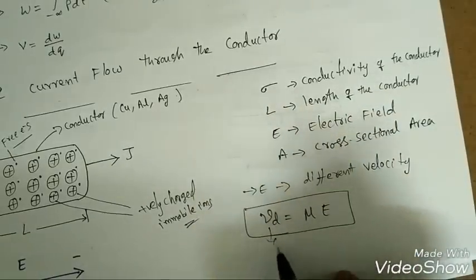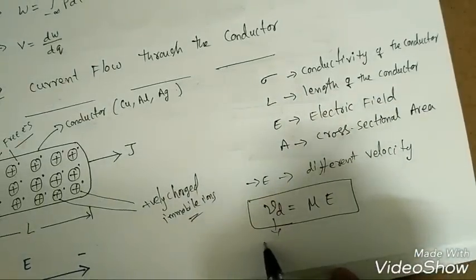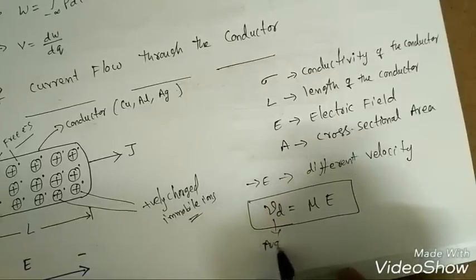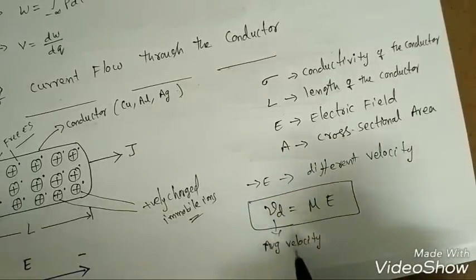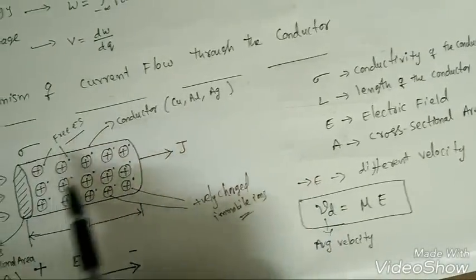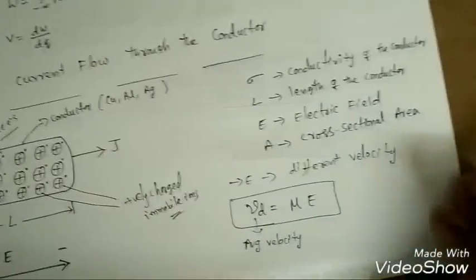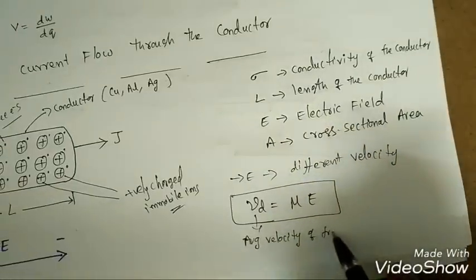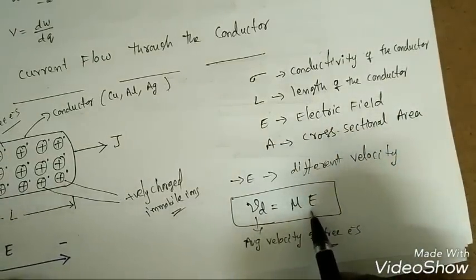This is the average velocity of the electrons, the drift velocity of the free electrons. Remember, always only free electrons can move, not bound electrons. So the average velocity of free electrons is proportional to the applied electric field.